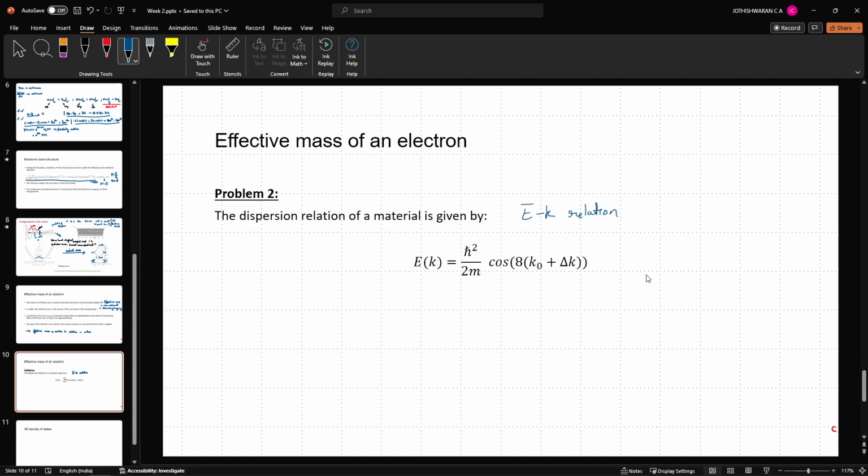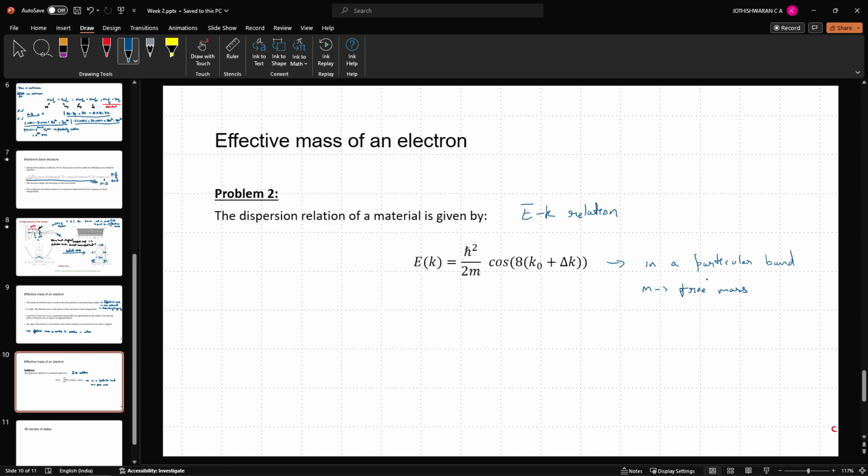Now this function is not the universal thing, this is in a particular band. So what I'm saying is E is given by, where this quantity m is the free particle mass, free mass of the particle.